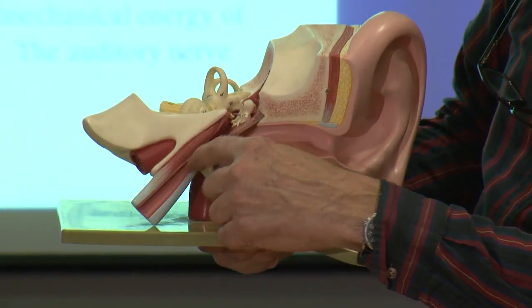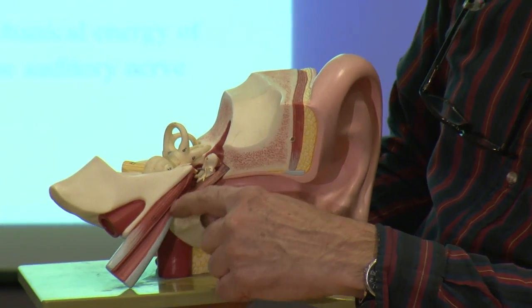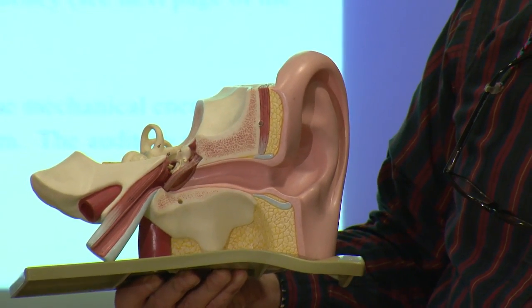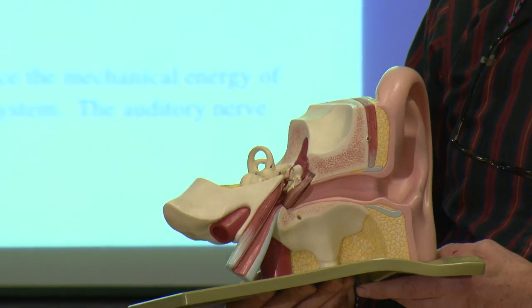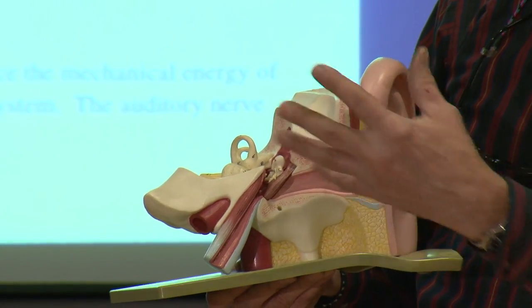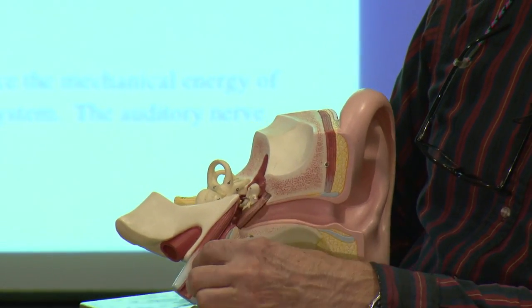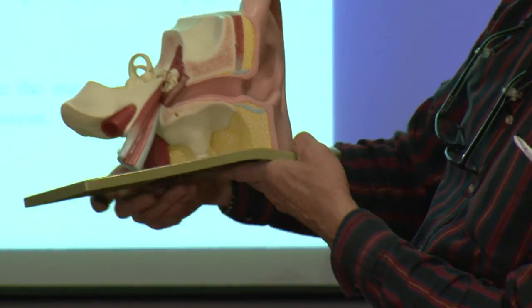This is the eustachian tube, which is a way to vent the air-filled middle ear. Okay, so you want to purge that with air. If you go up hiking in a tall mountain, the barometric pressure outside gets lower. You want to equalize that in your middle ear. You open that eustachian tube, usually by swallowing.